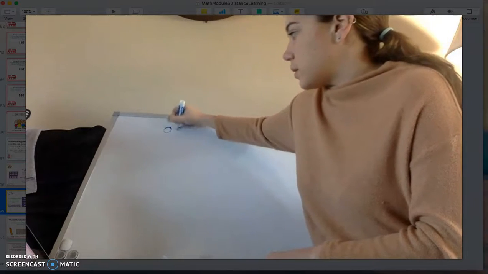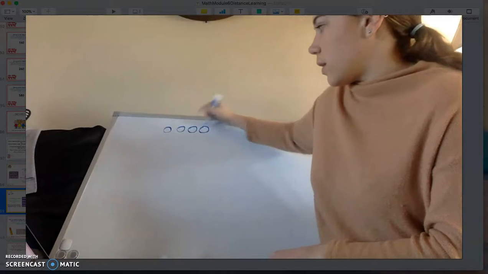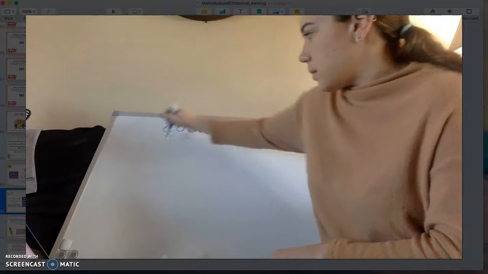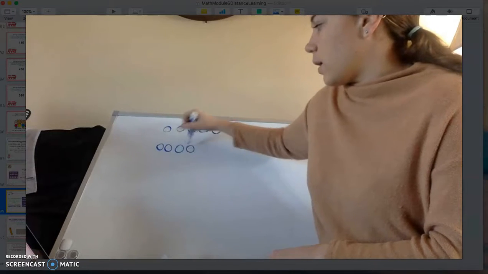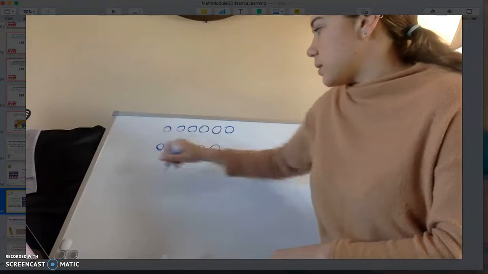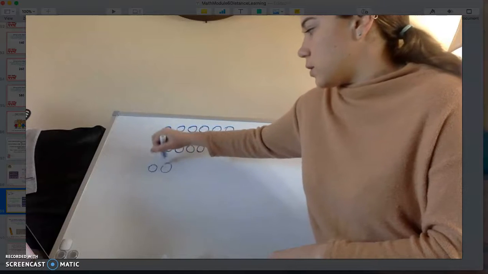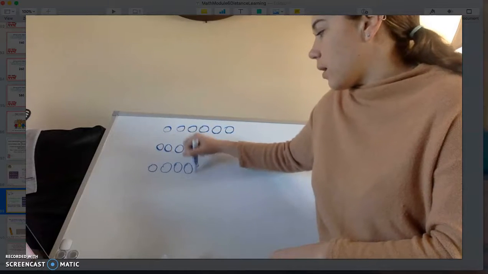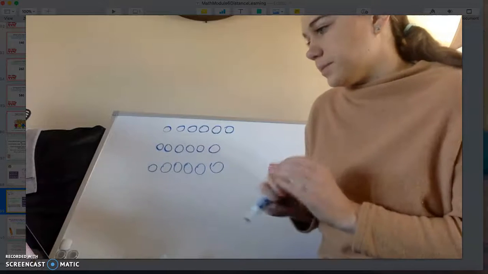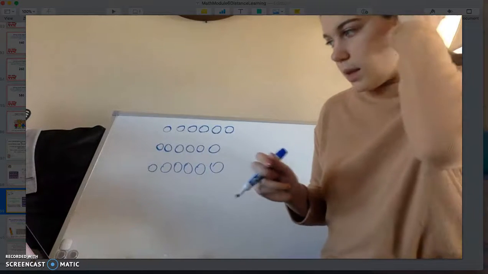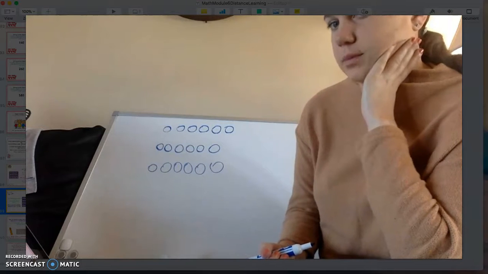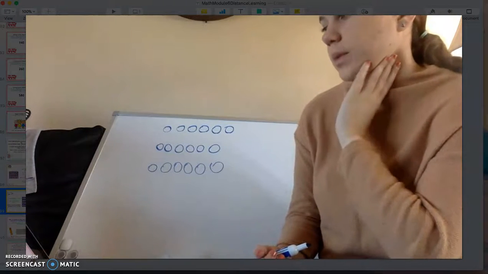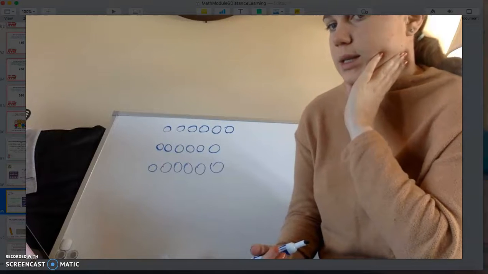So 1, 2, 3, 4, 5, 6. 1, 2, 3, 4, 5, 6. 1, 2, 3, 4, 5, 6. How many equal groups of 6 do you see? Good, 3.